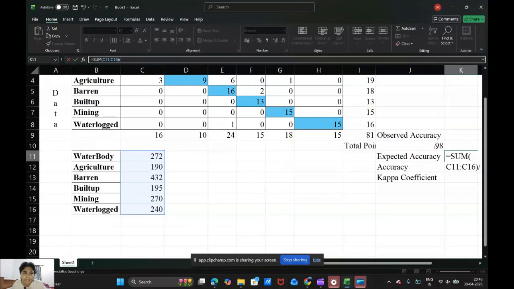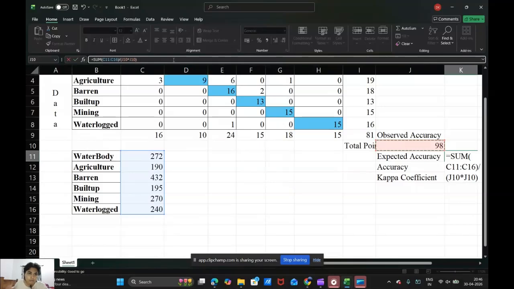Total points is 98, so I will have to take a square of this. I'm just being on the safer side and putting this in a bracket, and then raising it to 2, or I can also just multiply it with itself. That is 98.